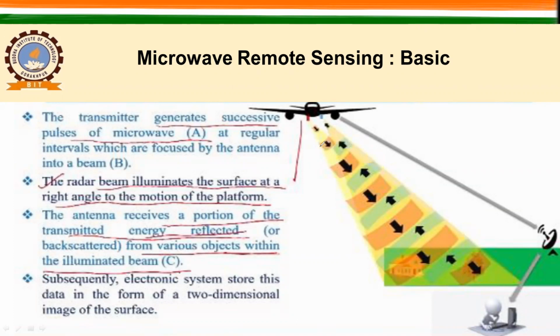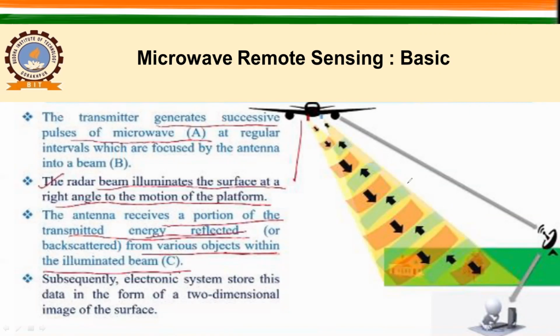So the successive pulses will be sent in a FOV. कहाँ पे sent होगा? Field of view, and that will reach to our surface, and the moment the object interact with your pulses, they will start back scattering, and at the same time it will go back, right, like this.